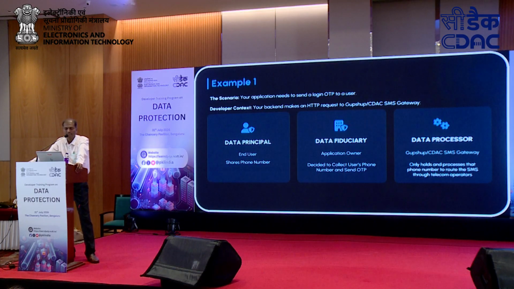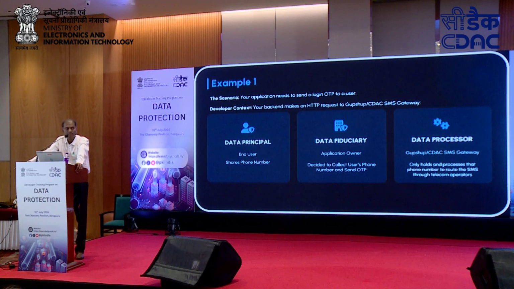So now in that scenario, the data principal is the end user who shares his mobile number. Okay, so he is the data principal. The data fiduciary is the application owner. For example, you might most probably have used Setu for logging into this program. So they decided to collect the user's phone number and send the OTP.